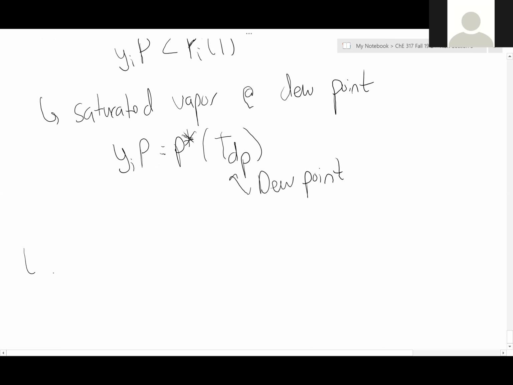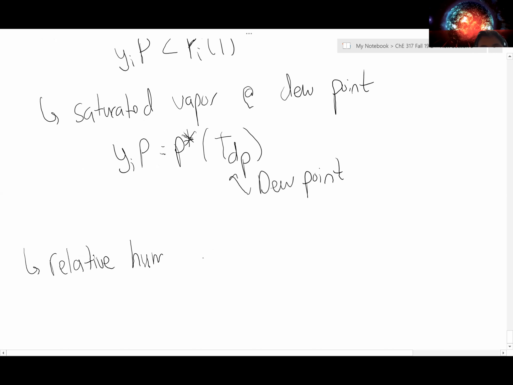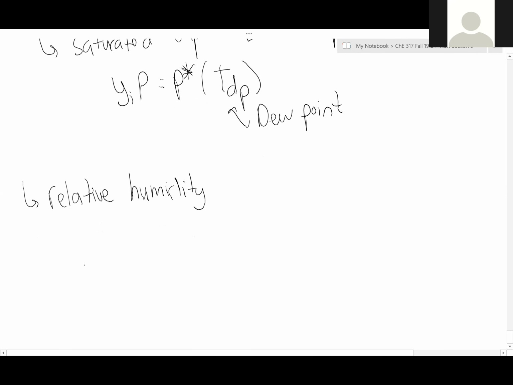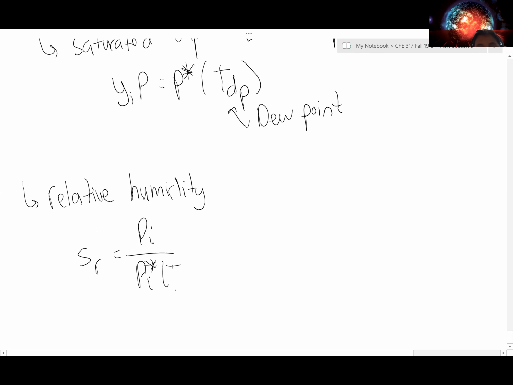We also looked at relative humidity for those types of problems. And we said the relative humidity of a substance was the partial pressure of the substance as a function of the vapor pressure of that substance at that temperature.